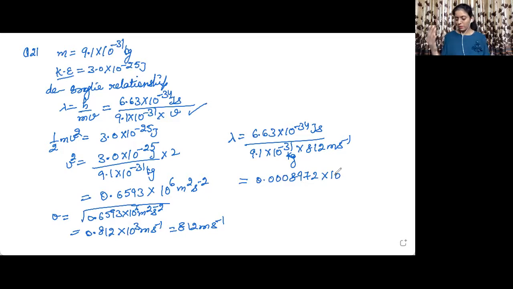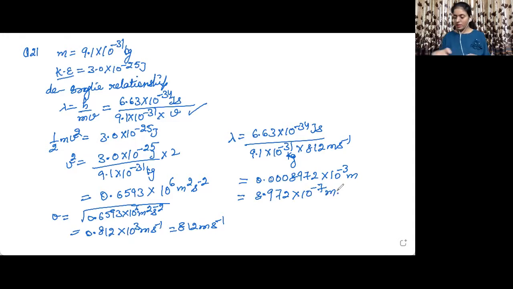When we take 10^-31 to the numerator, it becomes plus 31. So the power will be minus 34 plus 31 minus 3. You can write it in scientific notation as 8.972 × 10^, moving four places to the right, so it is subtracted: minus 7 meters. So this will be the answer.